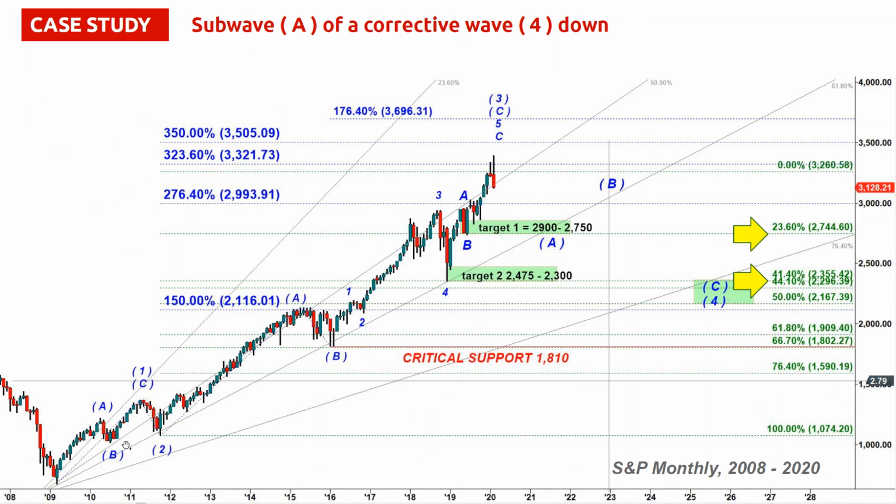Remember, the move up still has an underlying up momentum, but bears are fighting bulls here, and because bulls got exhausted, you can see those two huge wicks on monthly candles.